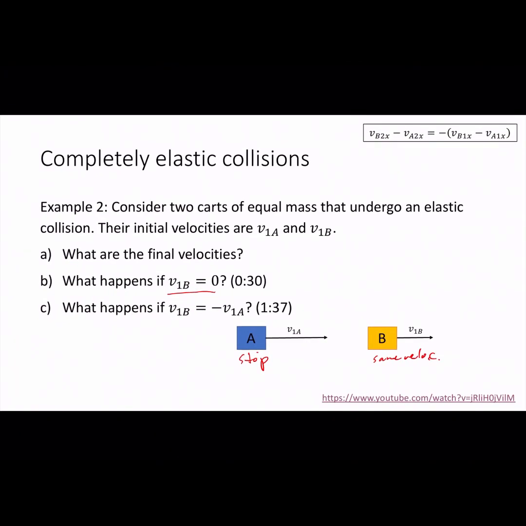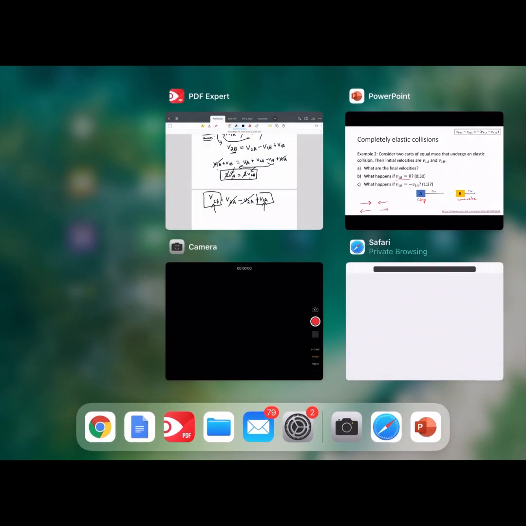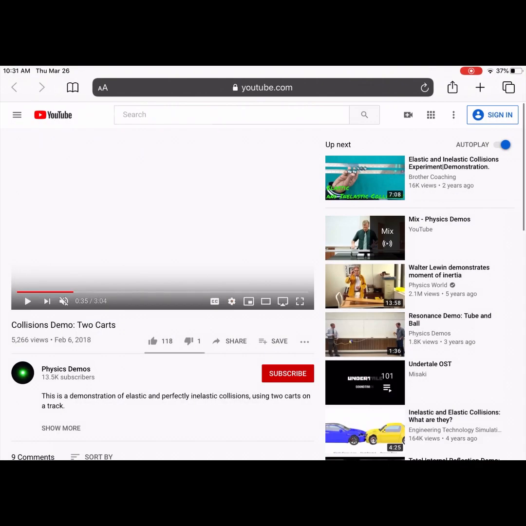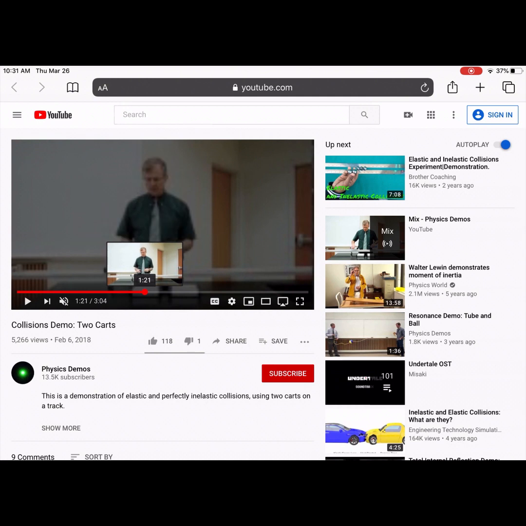What about if they're moving opposite to each other? So if A starts out moving to the left with some velocity and B starts out moving to the right with the same speed, then after the collision, they're just going to reverse. So A is going to move to the left, B is going to move to the right. This one's a little harder to see, but I think we have an okay demonstration of this in this video.